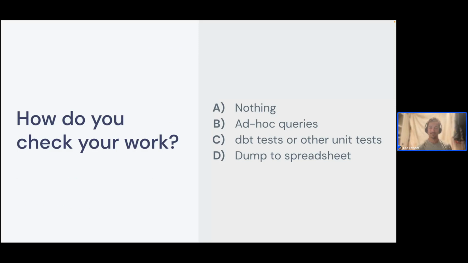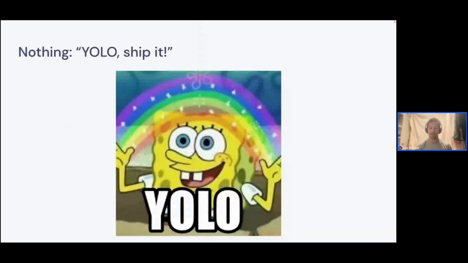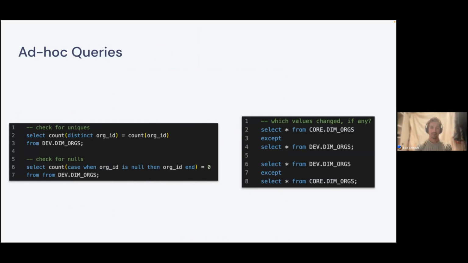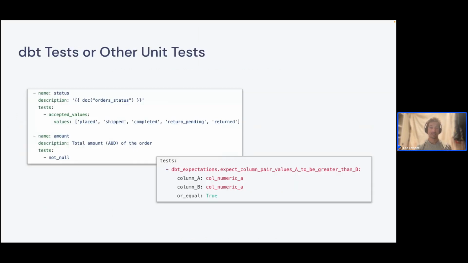Okay, let's go through the options. Option A, nothing. YOLO. Pretty self-explanatory, and I think a lot of us have been there. Maybe not all of us. Ad hoc queries. So let's talk about those. They will answer questions you can think of. They might catch the last thing that burned you. DBT tests should 100% be a part of your testing framework.